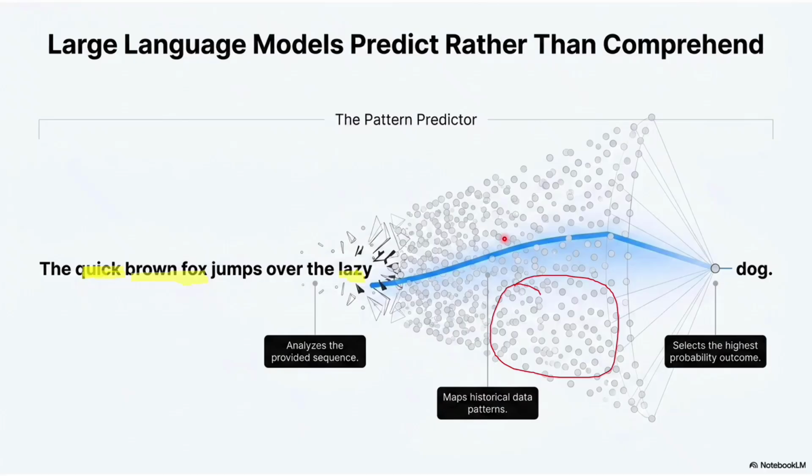So now let's take that one step further. It analyzes the data, provides it into a semantic data structure, and then it maps with historical data patterns. This is a word you may have heard before. It's called an algorithm.